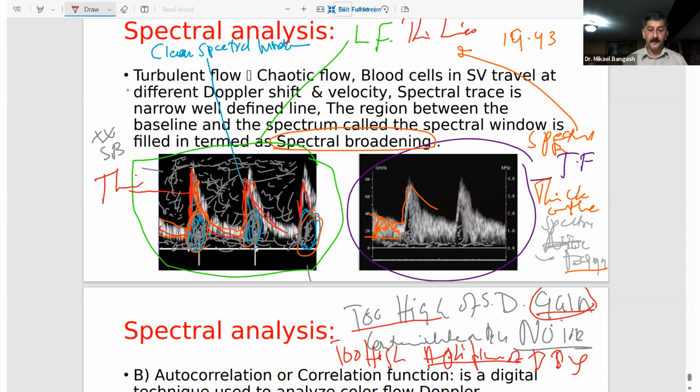What do you say about amplification? Signal to noise ratio was even or equal.